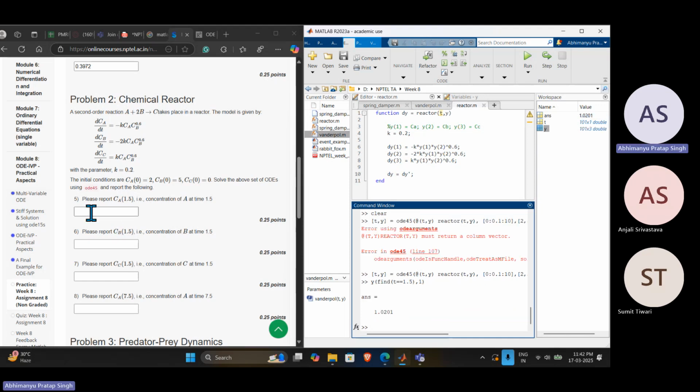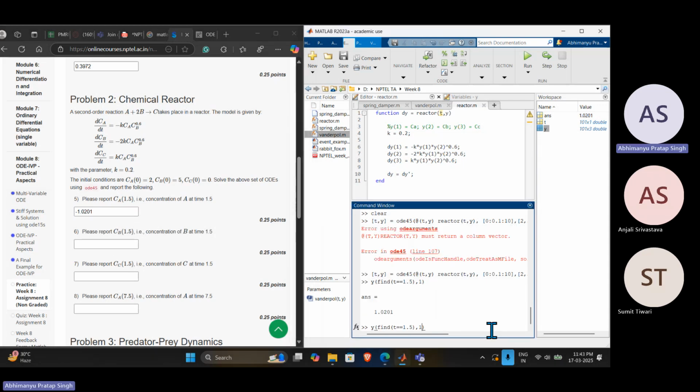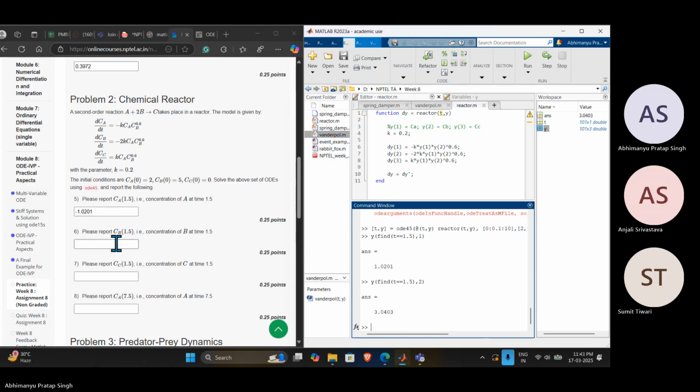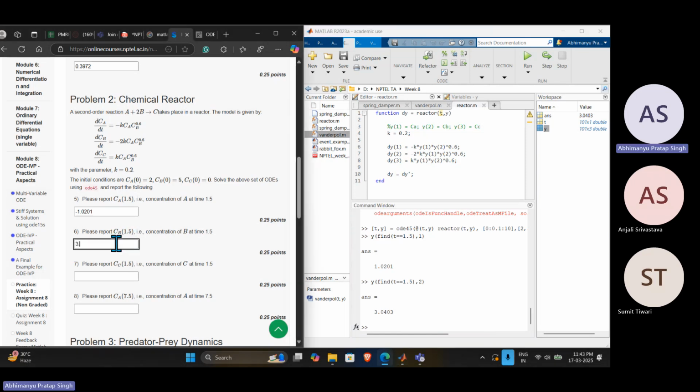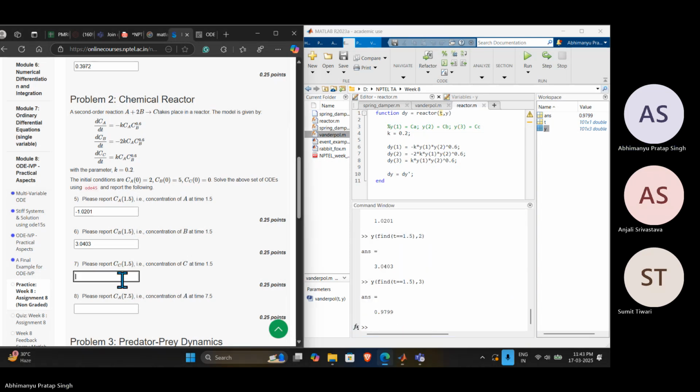That should be the answer. 1.02, 0.0201, and similarly for B. So this should become 2.0403, and for C this should become 3.799.